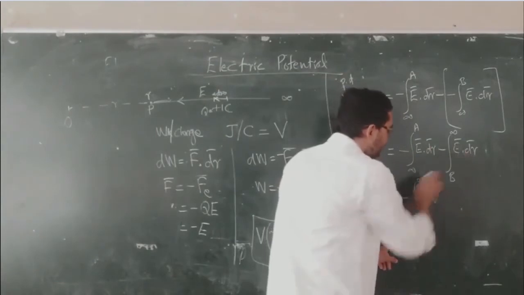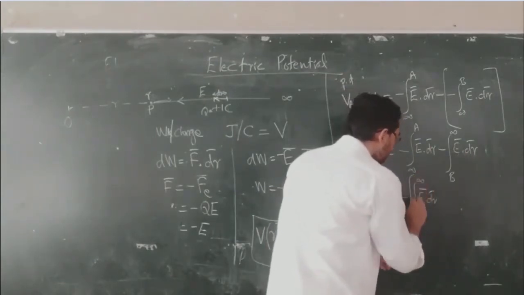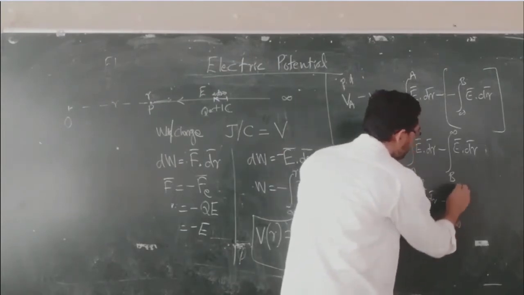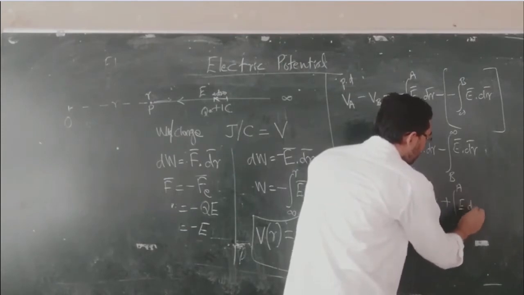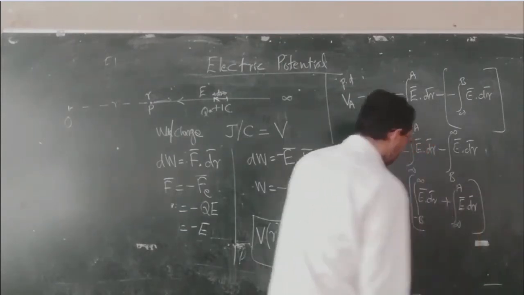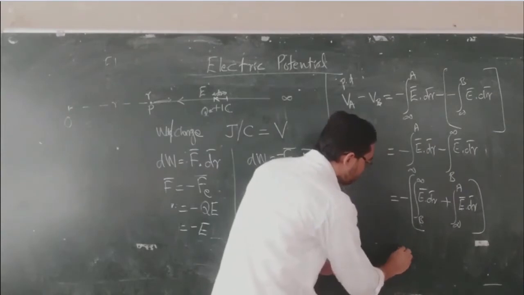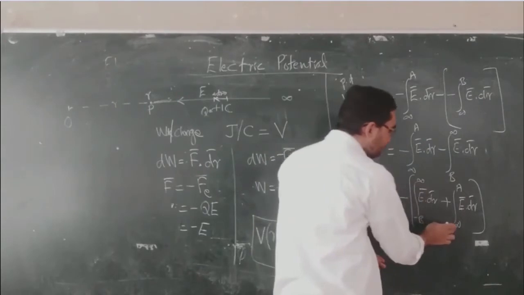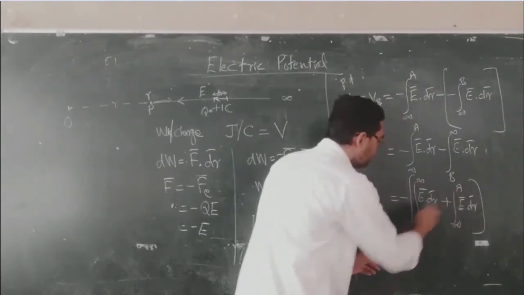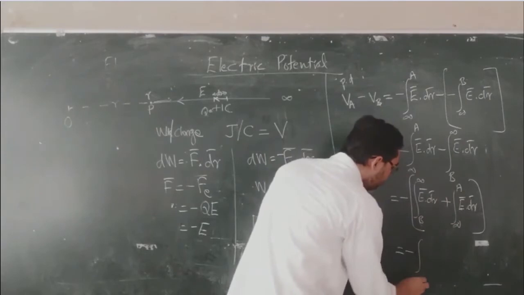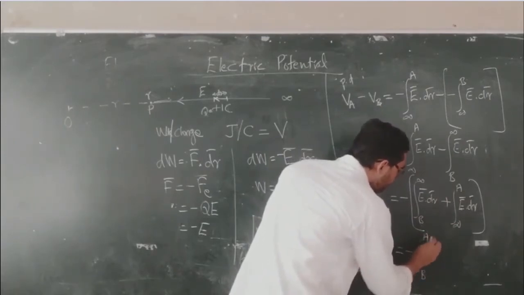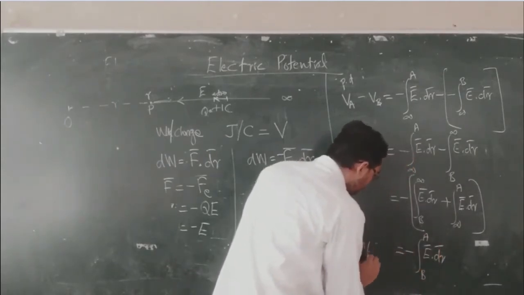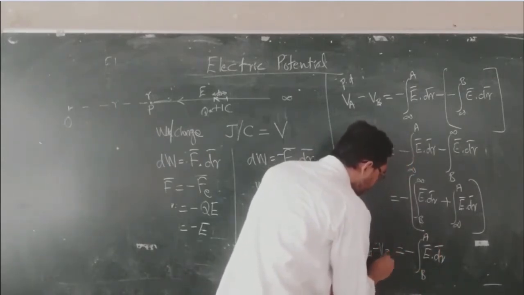I am taking the second term first, then plus the first term, which is infinity to A of E dot dr. That is equal to the integral from B to infinity plus the integral from infinity to A of the same quantity, so that can be combined into the integral from B to A of E dot dr. So this is VA minus VB.